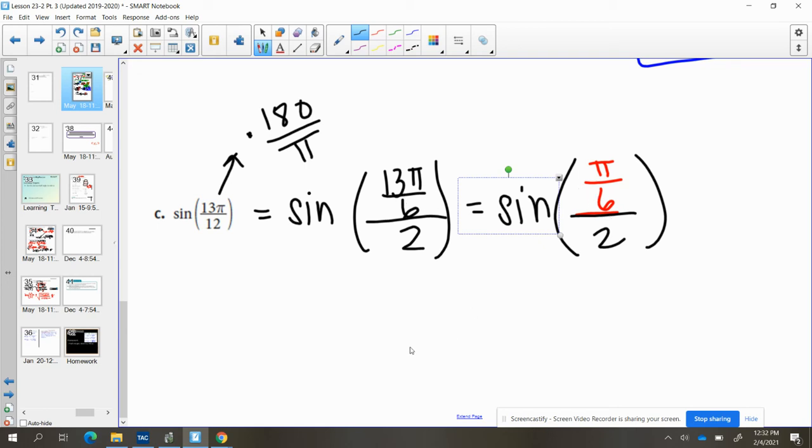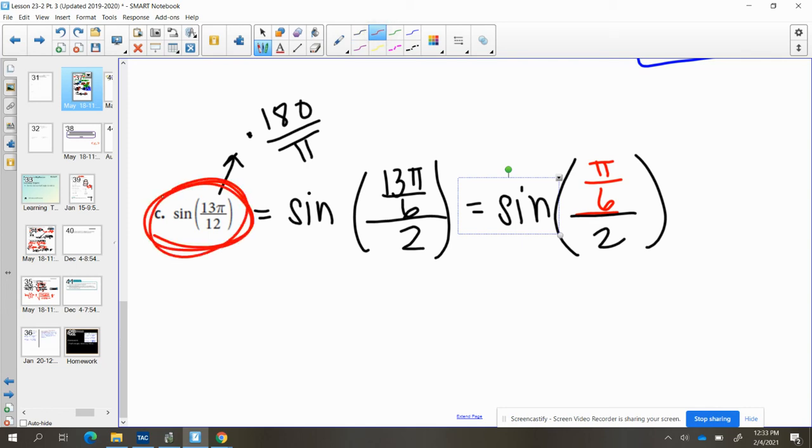For sine, this time we have to be aware that the sine value of pi over 6 is a positive value in quadrant 1. Excuse me, 13 pi over 12 is actually what we're going off of, though.